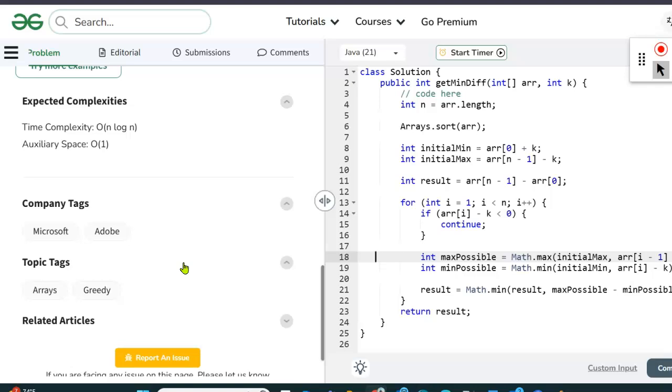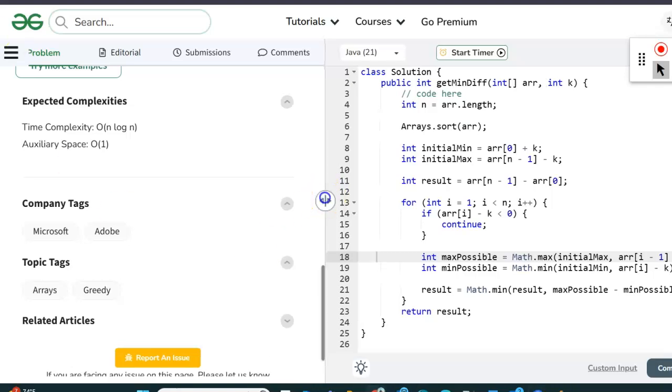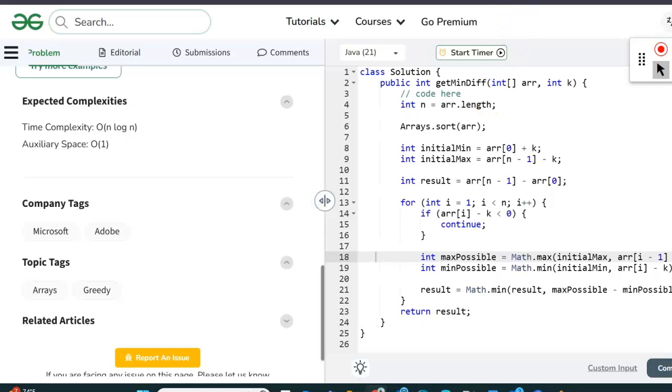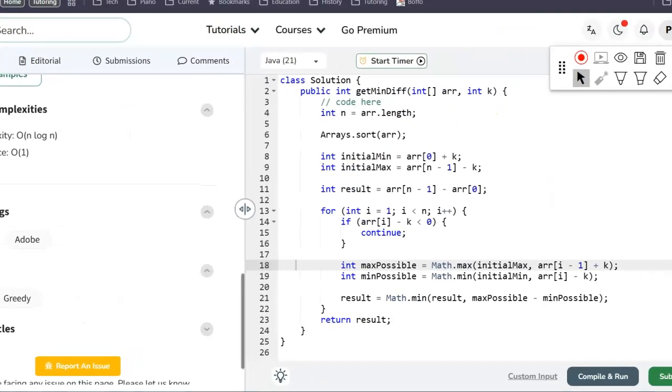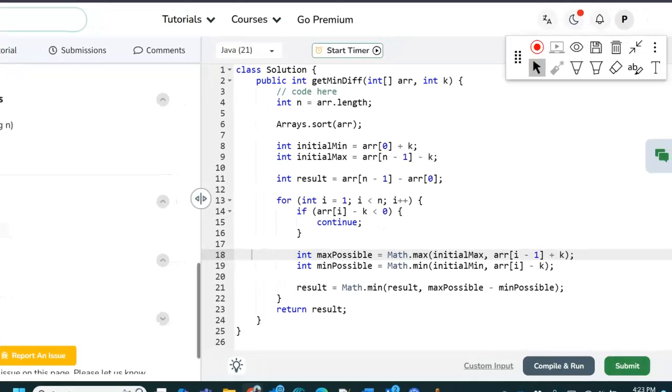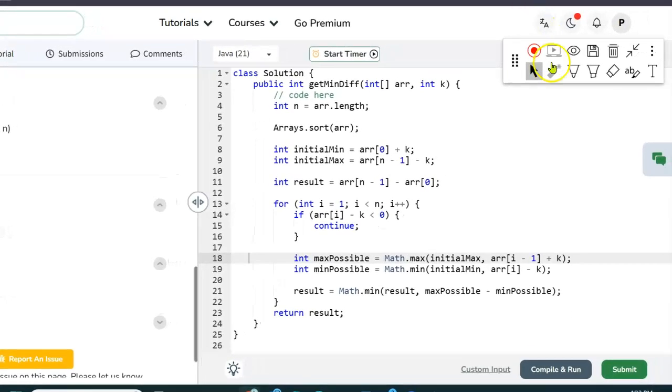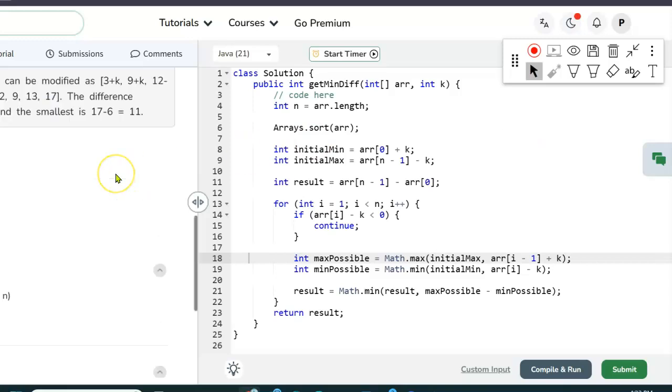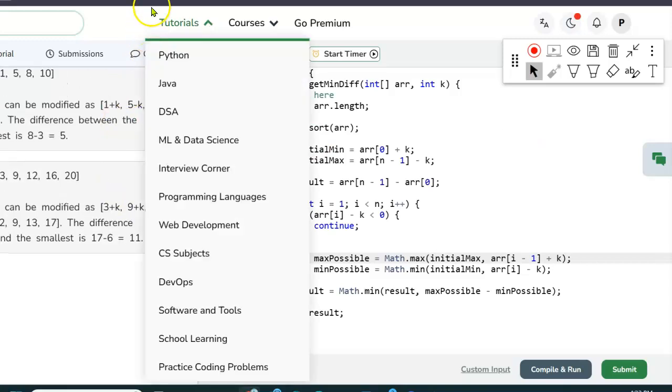Let's see. In what way is this greedy? Now we're just looking for optimal results at each decision point. So let's scoot this over a little bit. And actually, I want to be able to see the second example here.